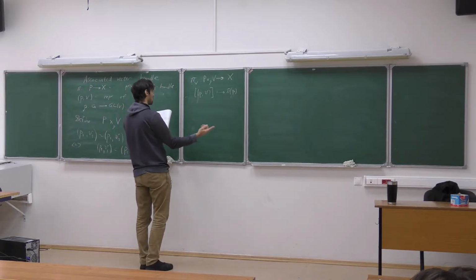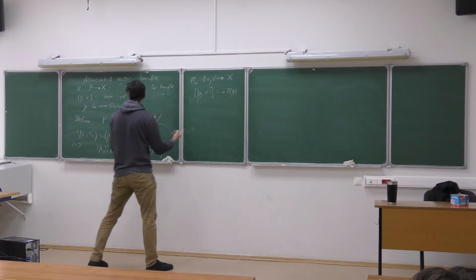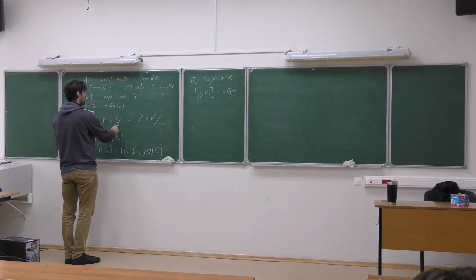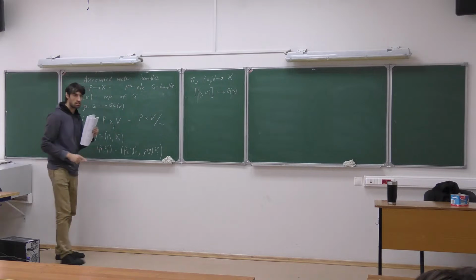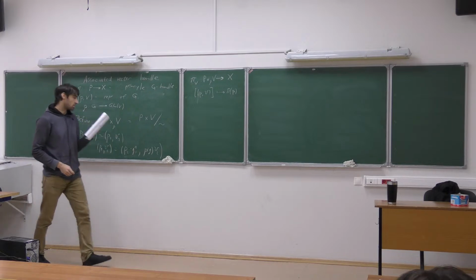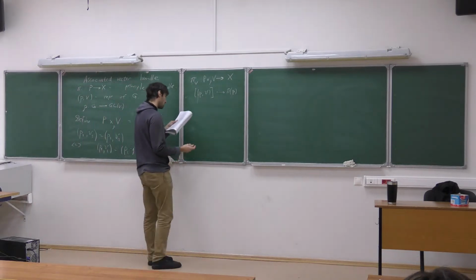And okay, so I have the projection, and I would like to see that this thing is a vector bundle over X with fiber V. So I need trivializations.